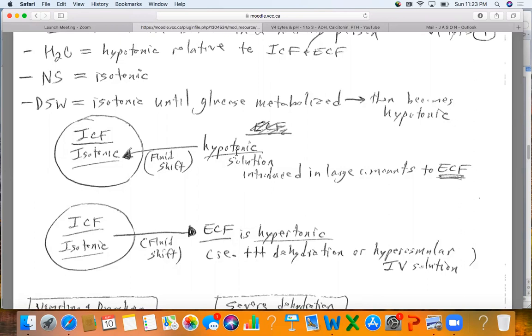If you're overloaded with hypotonic fluid, which one has greater oncotic pull, a hypotonic fluid or an isotonic fluid?